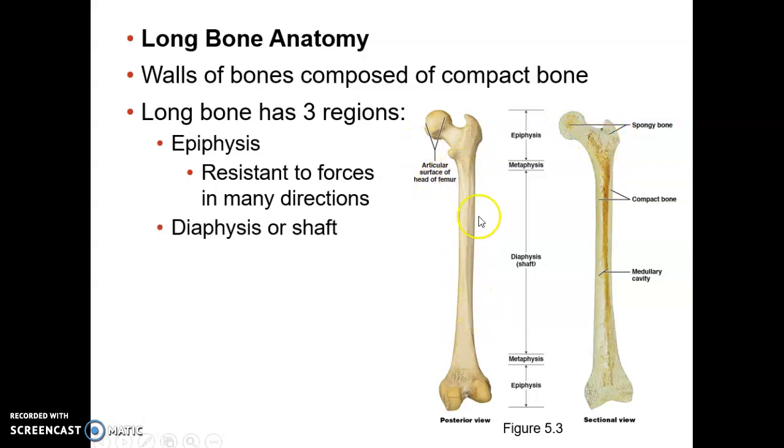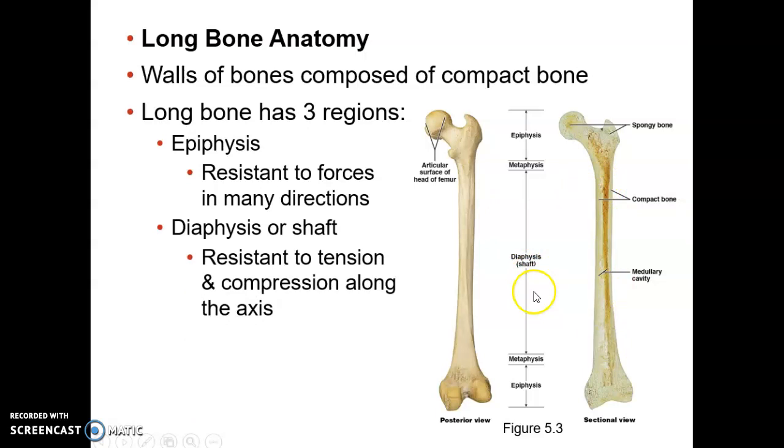The elongated portion is called the shaft or diaphysis. Either term is fine. And it's resistant to tension and compression, mostly in one direction, which is why the shaft or diaphysis has a relatively thick collar of compact bone.